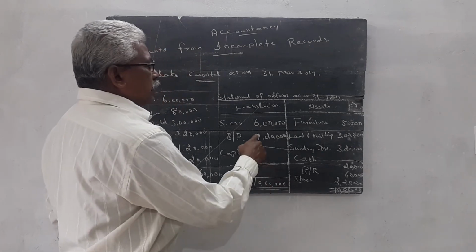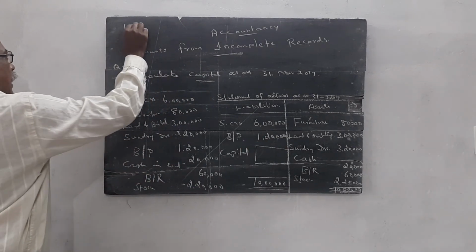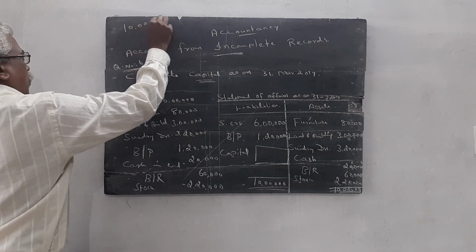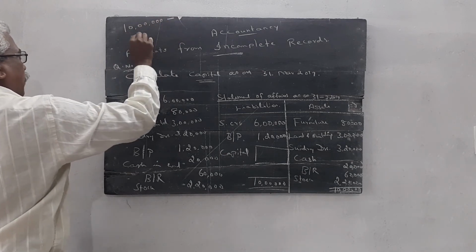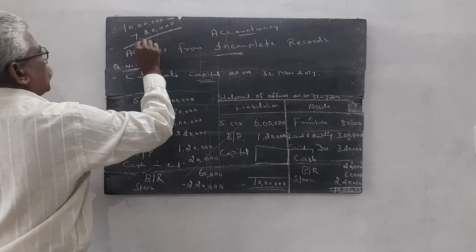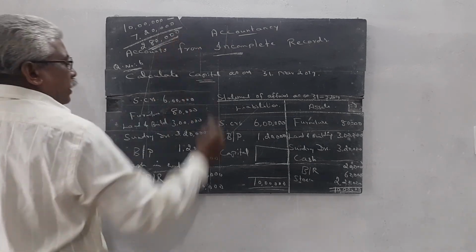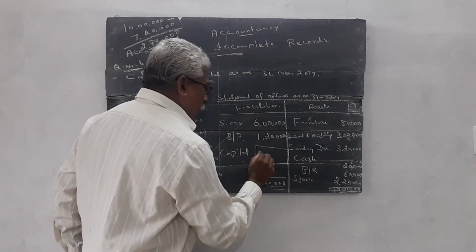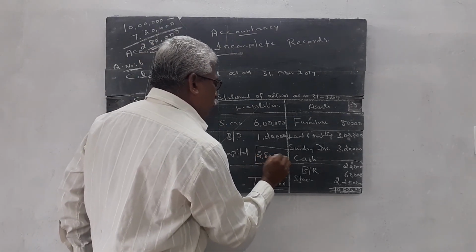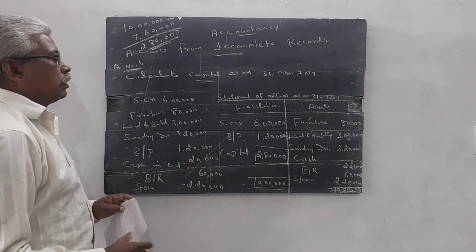10 lakhs minus 7 lakhs 20,000 is equal to 2,80,000. This 2,80,000 is the capital. Thus we get the capital.